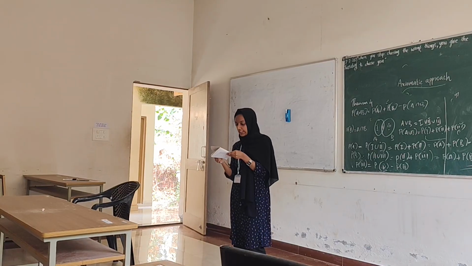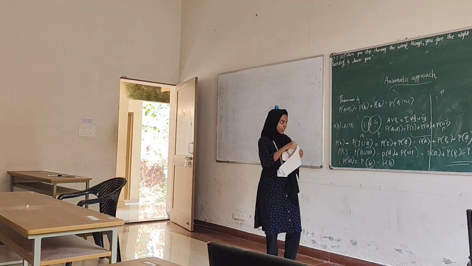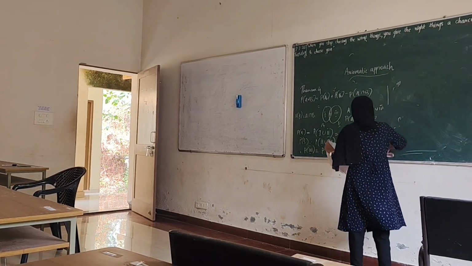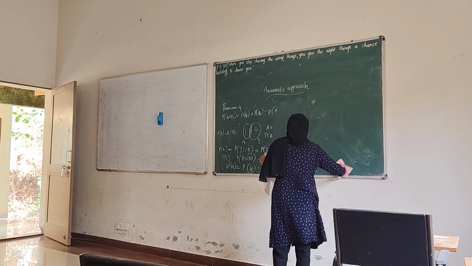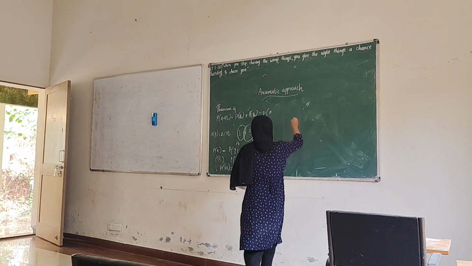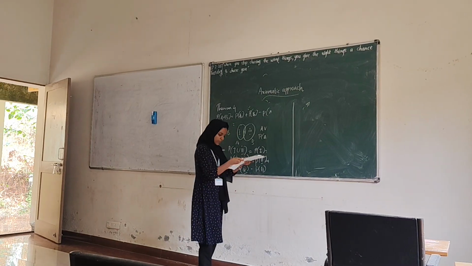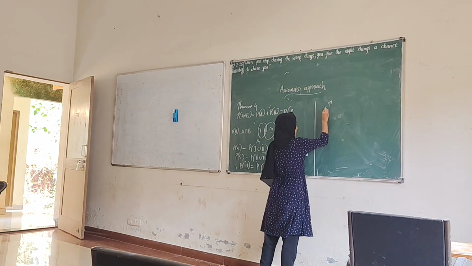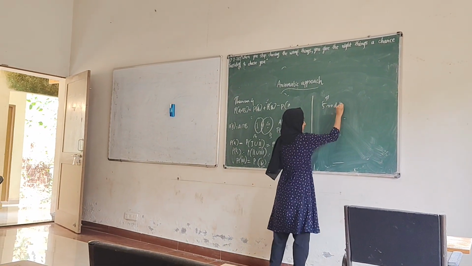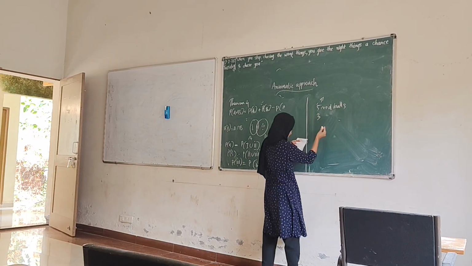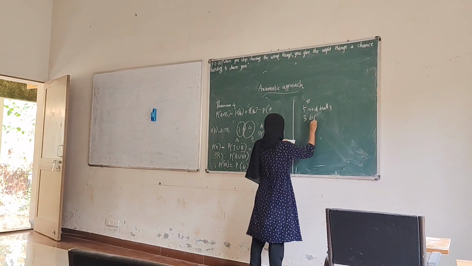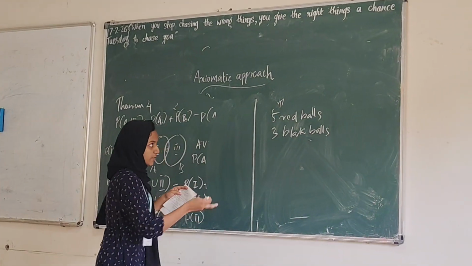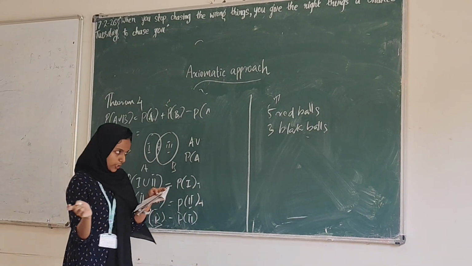Find out the probability of taking a red ball. Here we have 5 red balls and 3 black balls, and we want to find the probability of picking a red ball.